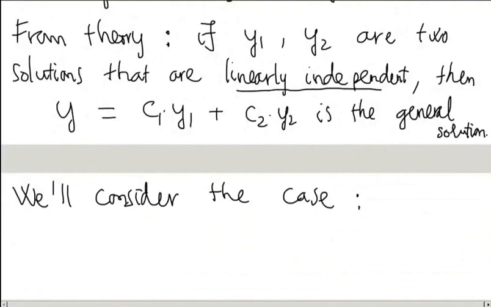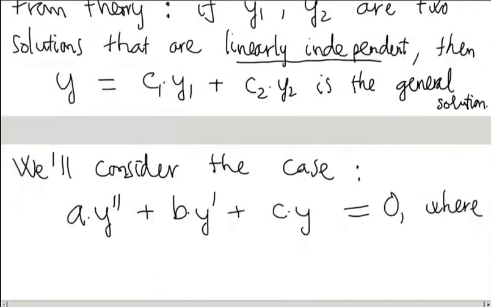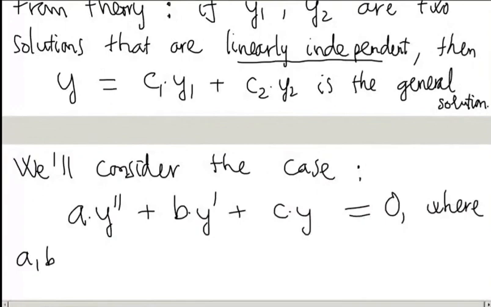We're going to rewrite this as a y double prime plus b y prime plus c y equals 0, where a, b, c are real numbers, are constant, and that's why the name equations with constant coefficients.